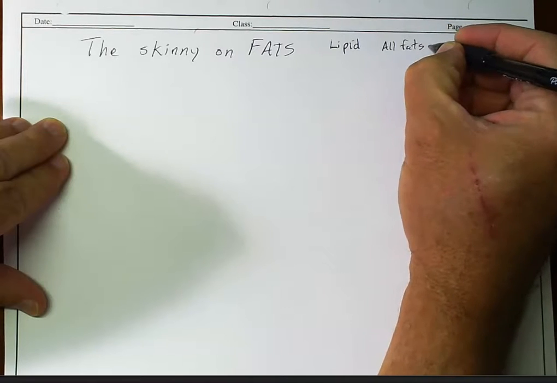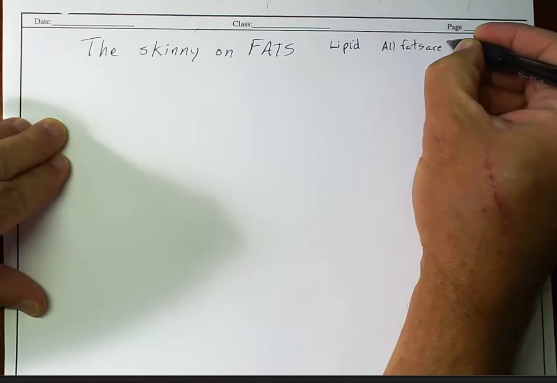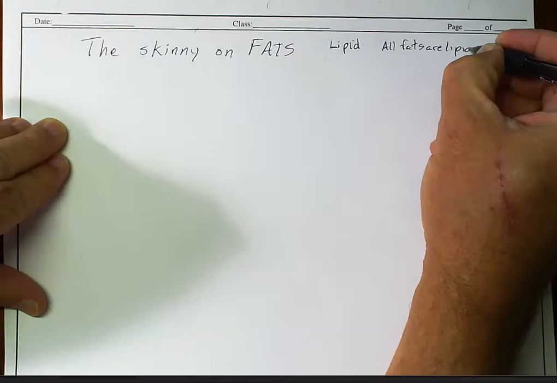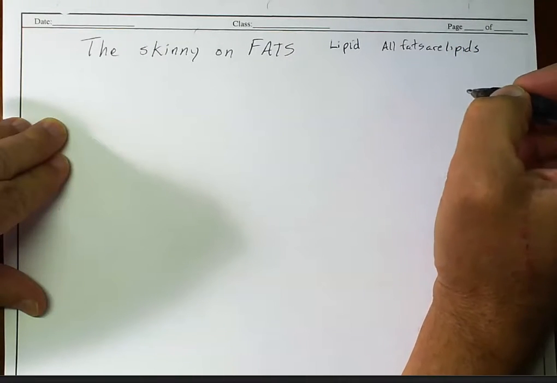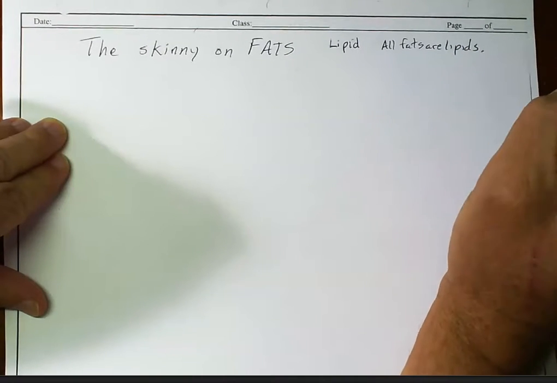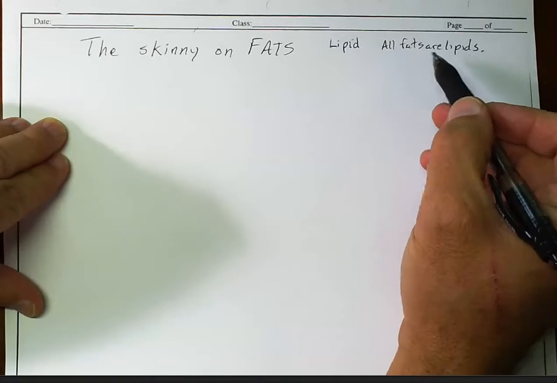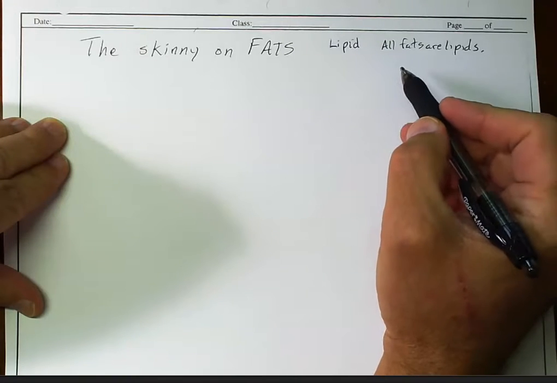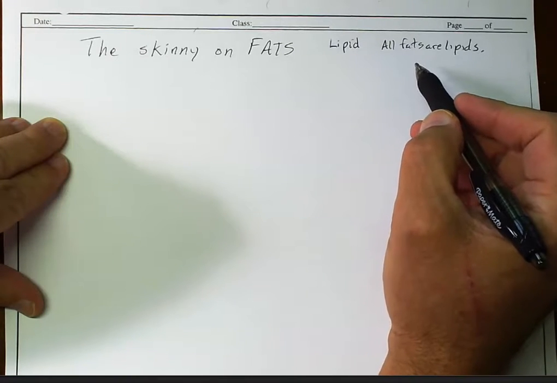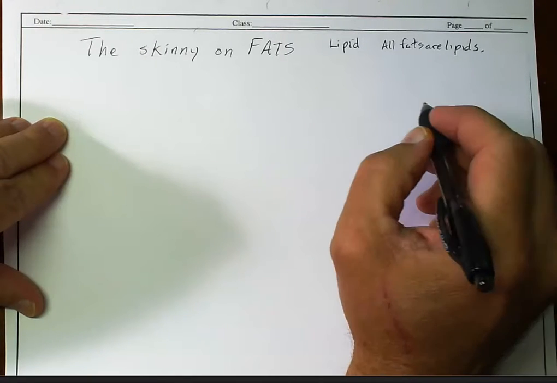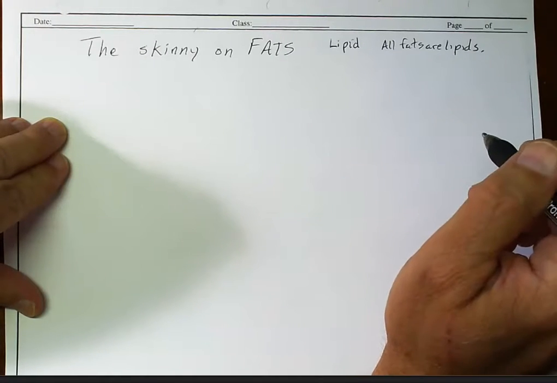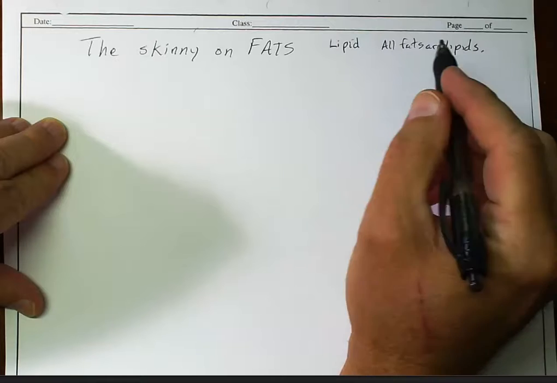But all lipids are not necessarily fats. All fats are lipids, but all lipids aren't necessarily fats. It's like saying all dogs are animals, but all animals aren't necessarily dogs.